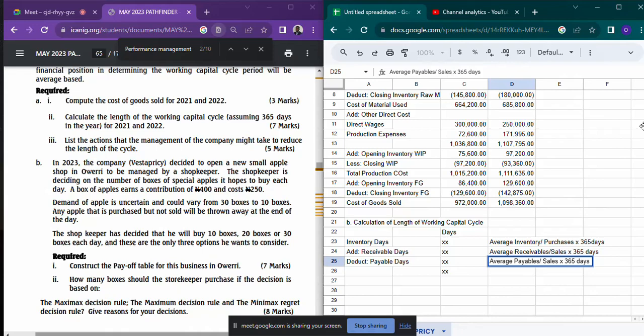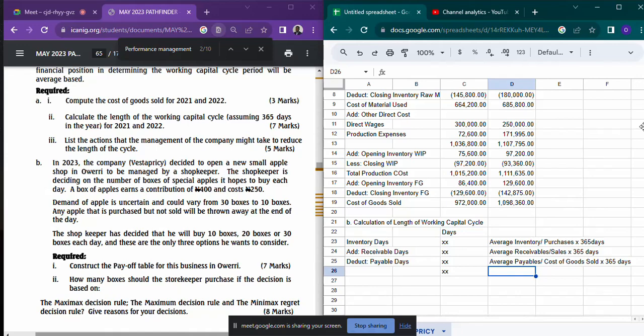And why is it purchases and cost of sales? Because it is when you buy, you are going to pay. It is your purchases or cost of goods sold that gives rise to payables. If you had not bought, you wouldn't have paid. For inventory, it is what you bought that determines what you have in stock.